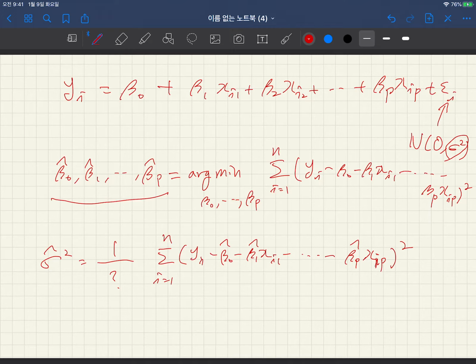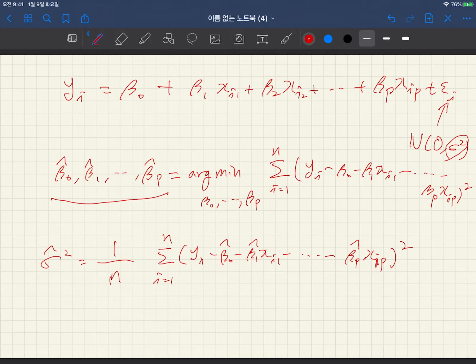Okay, so that is a very natural approach, and if we don't care about the degree of freedom, it is very natural to divide by n because we have n observations.